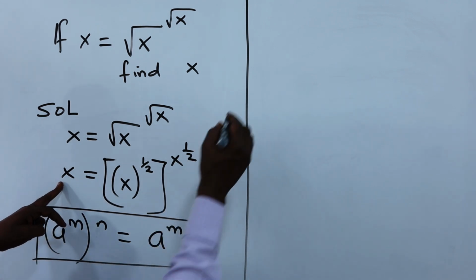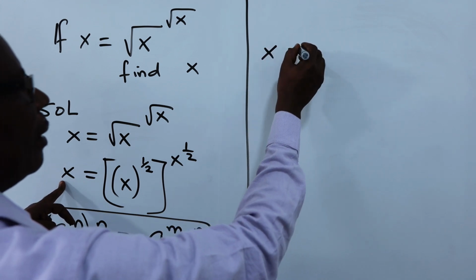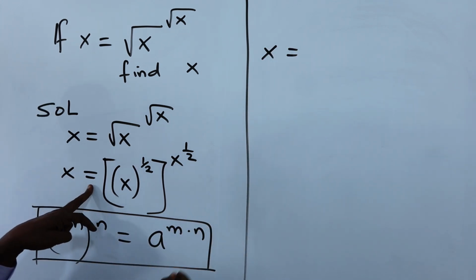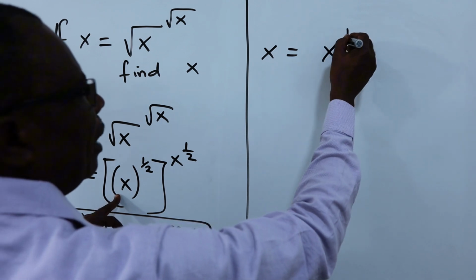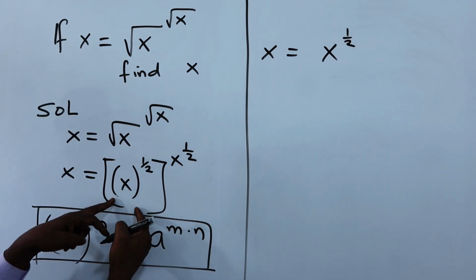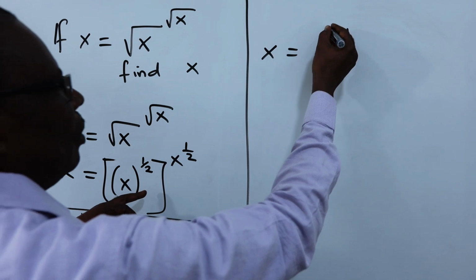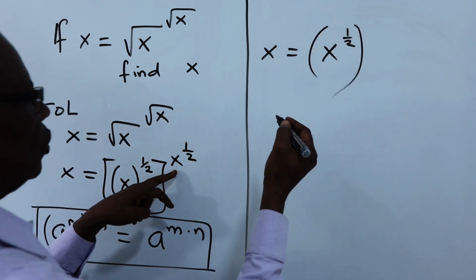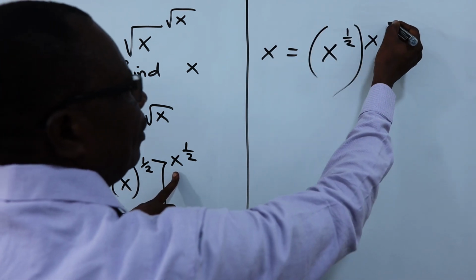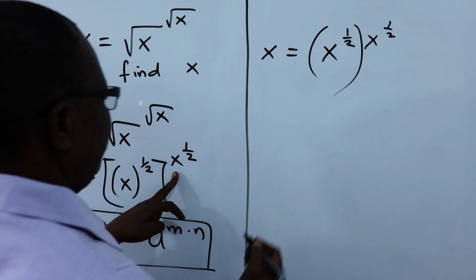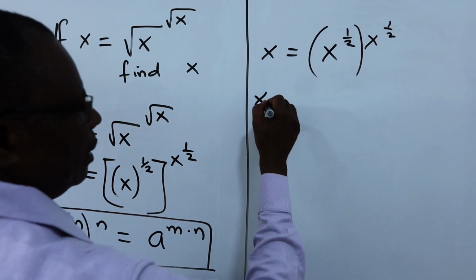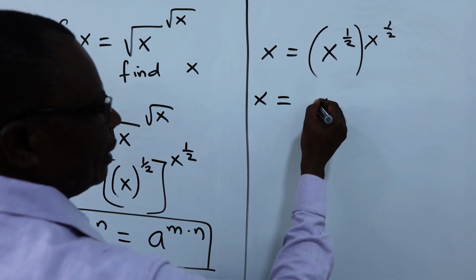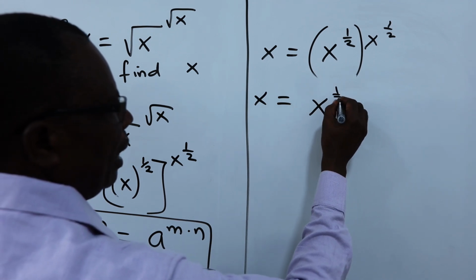If we do that, we'll now have x equal to, remember in bracket we have x raised to power half, this expression in bracket. Now the whole of this is raised to power x raised to power half. This is equal to x raised to power half.